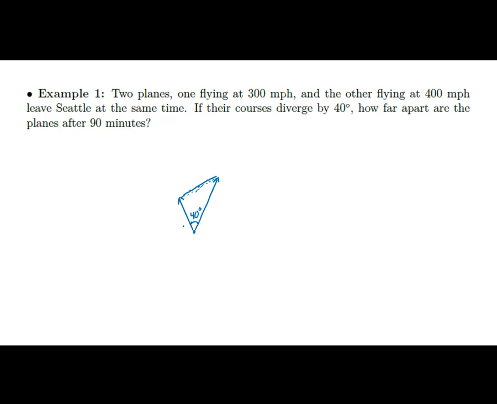All right, so what else do we know? We know this is what we want to find, this distance here. But what else do we know? Well, we know that this plane here is flying at 300 miles per hour, and we also know that 90 minutes have passed.